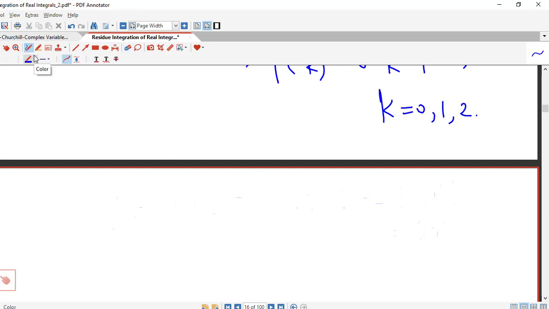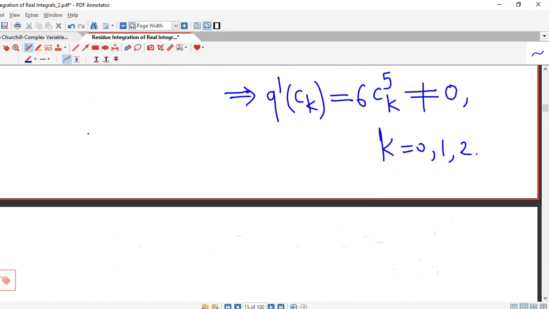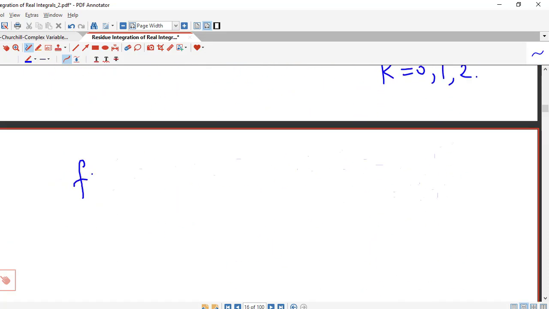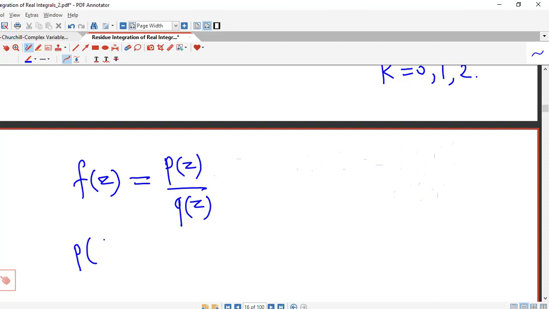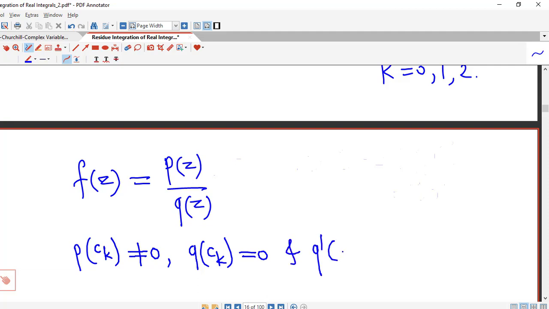So what we have shown is f of z is equal to p of z over q of z, and the value of p of z at ck is non-zero, the value of q at ck is 0, and the value of q dash at ck is non-zero for k equal to 0, 1 and 2.